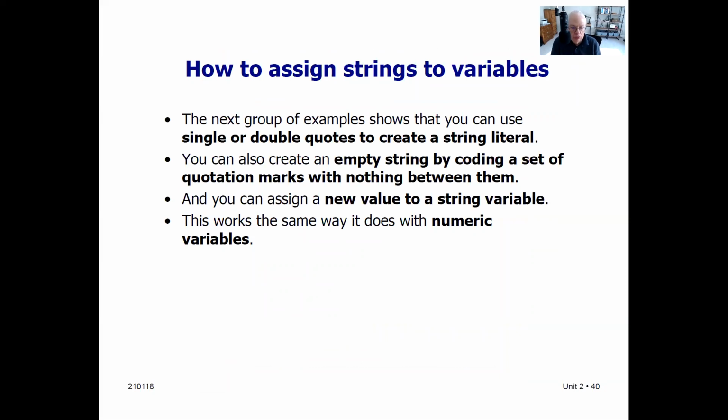So now we're going to start dealing with the question that David asked about the numeric values inside a string, okay? And so we're going to see some examples, use single and double quotes to create a string literal. We'll see an empty string by coding a set of quotation marks together. And then we're going to assign some new values to those strings.